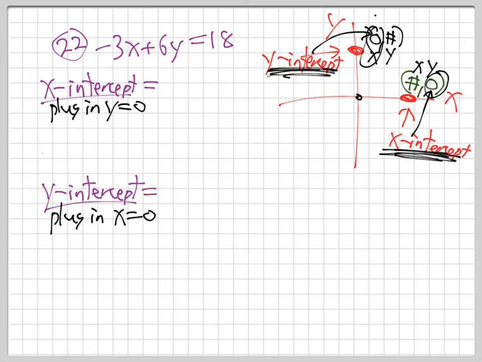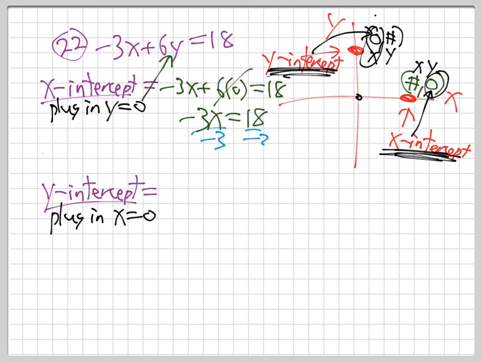So I'm going to plug in y 0 right there. So minus 3x plus 6 times 0 is 18. That drops out. Minus 3x is 18. Divide by minus 3. So x is -6.